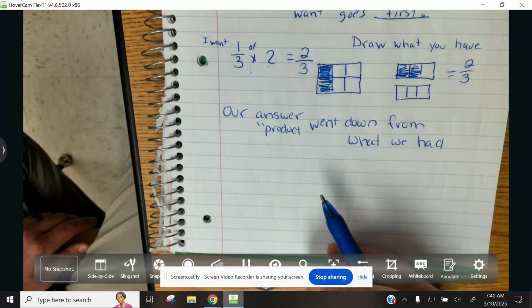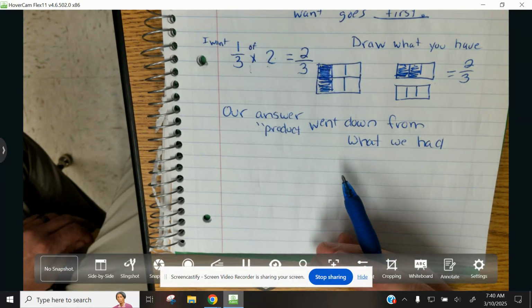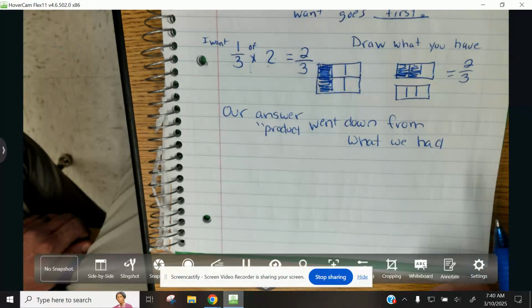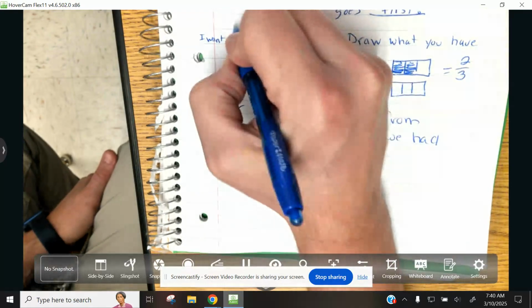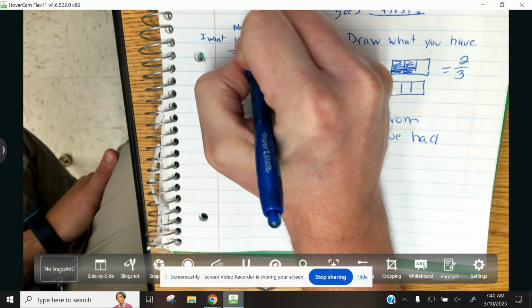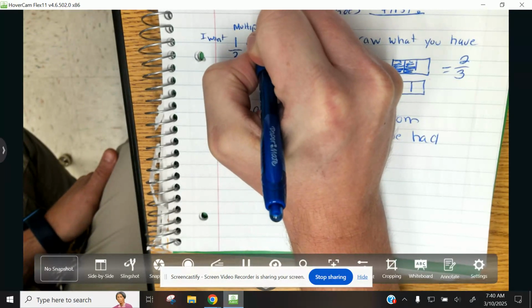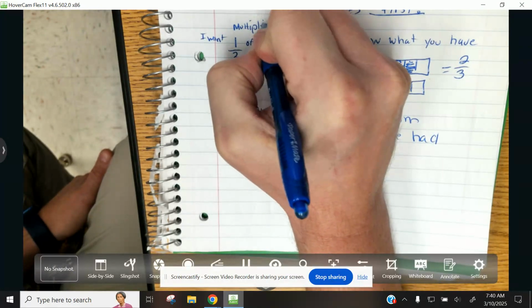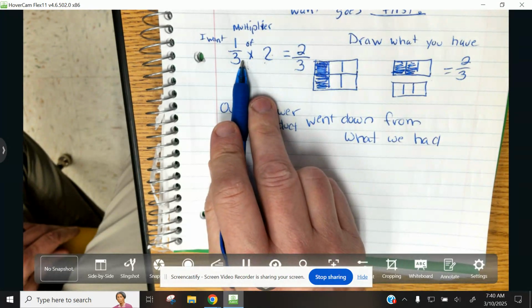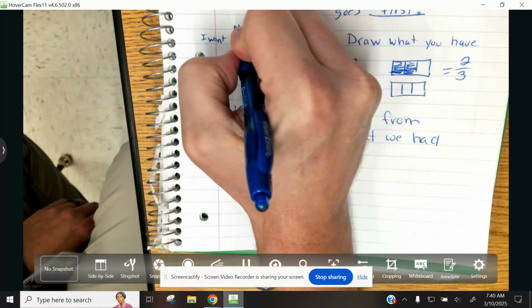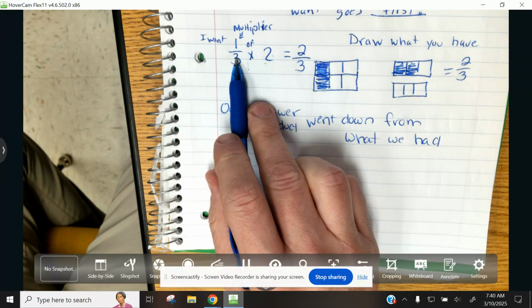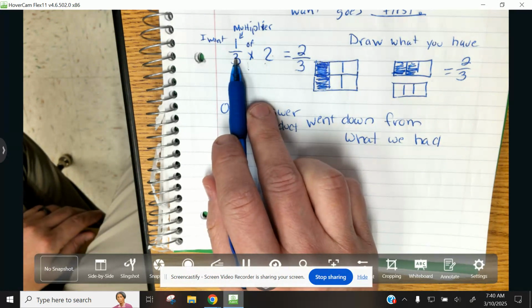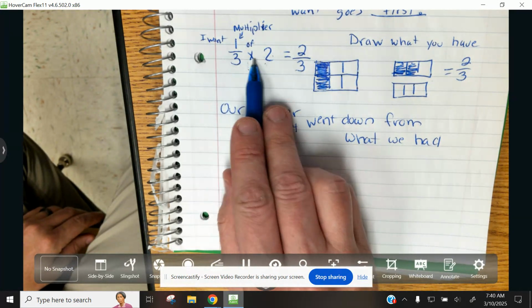So in these problems, when we multiply, our answer's actually going down. And why? Because this guy here is the multiplier. That's important. Let me put an arrow to him. He's going to dictate or be in charge of what happens. This is 1/3 of 2.